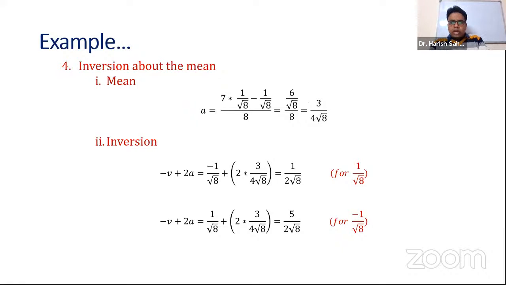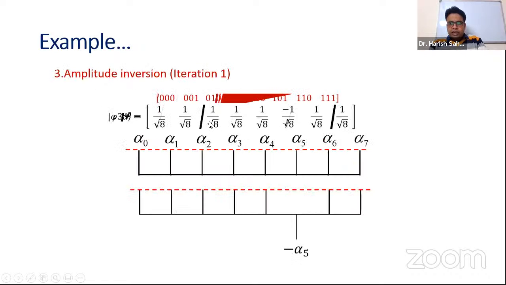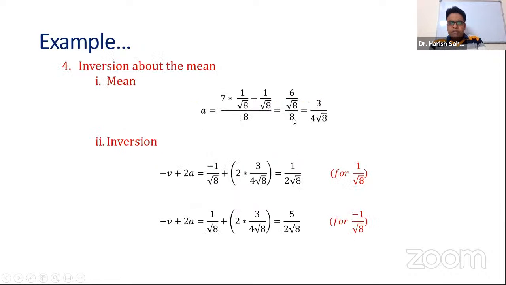So now if we compute the average of these amplitudes. What is the average of amplitude here? These 7 are positive values and 1 is negative. So how can we compute the average of amplitudes? 7 times it is 1 by root 8, and 1 time it is negative.